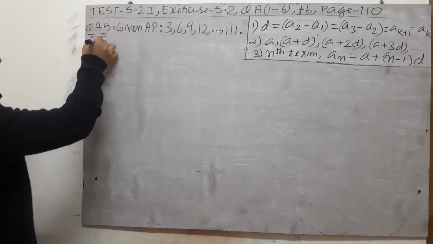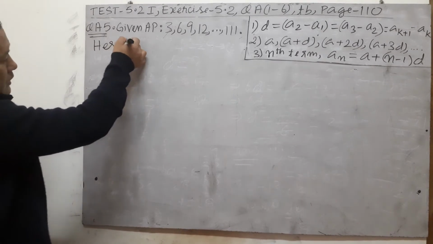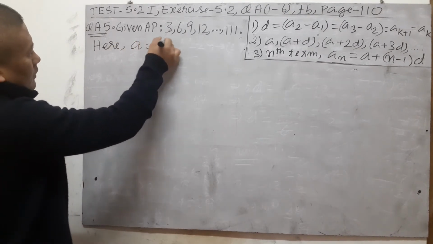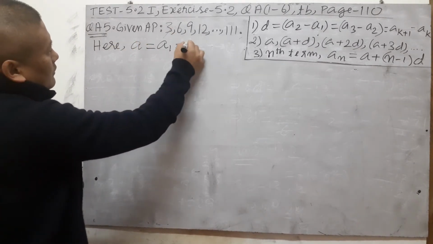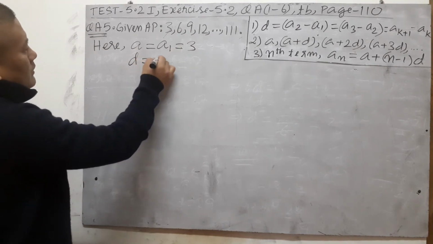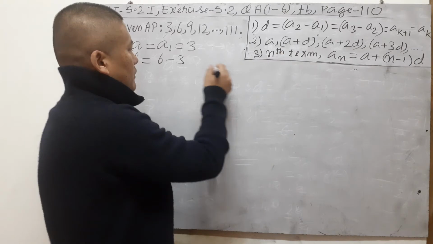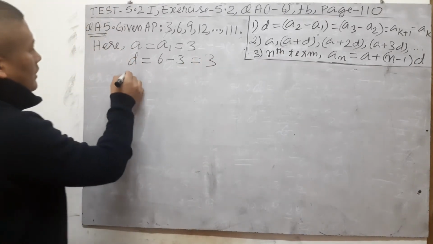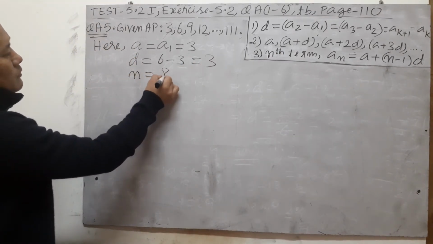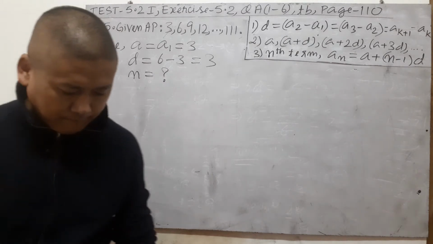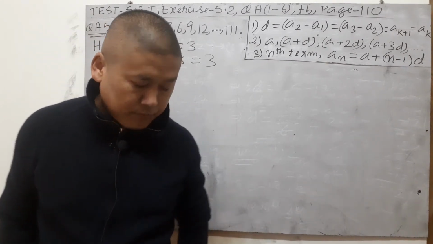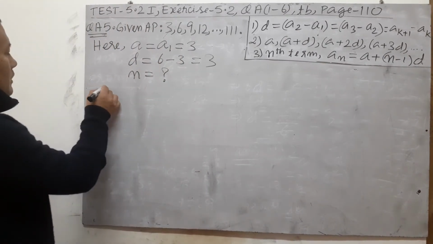So here, clearly, a or a1 means the first term is 3. d is a2 minus a1, 6 minus 3, that is equal to 3. n, the total number of terms, we don't know. This is what we have to find. How many terms are there?